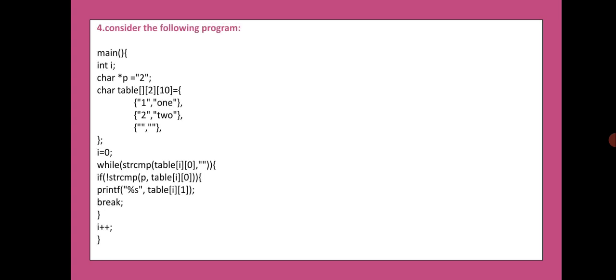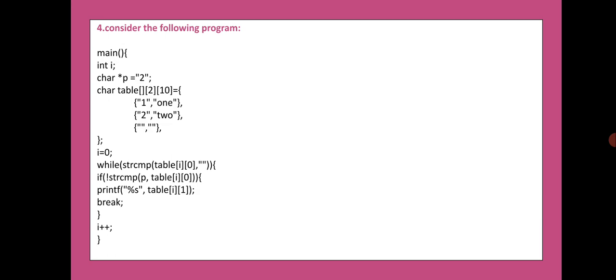Consider the following program. I have int i, character pointer p equal to a string, and a character table, which is a multi-dimensional character table with sizes 2 and 10, with elements "string1", "string one", and "string2", "string two", and i equal to 0.